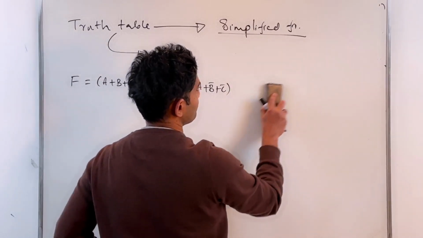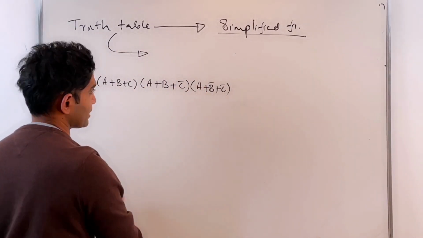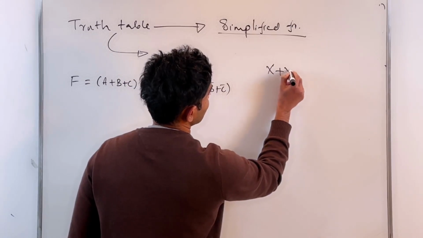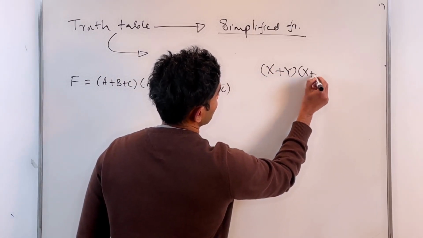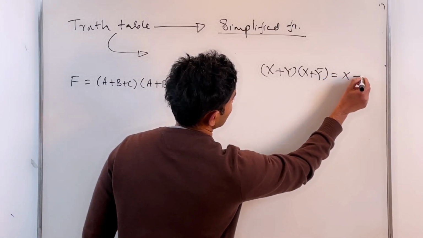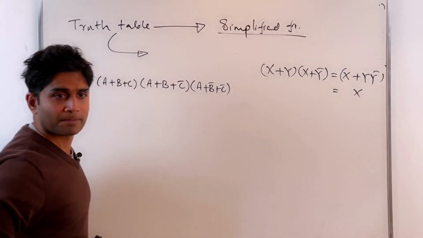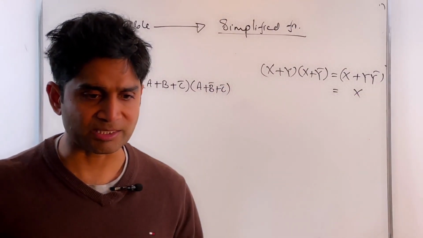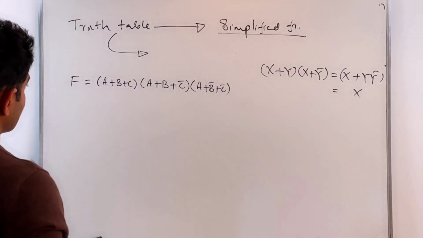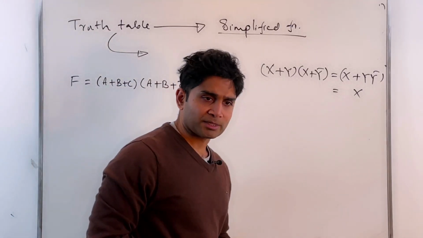Okay, and now we will use the identity again, going back to that. Every time I see something like this, x plus y prime, that gives me x. I will use that identity, the distributive law, to simplify this product of sums expression.